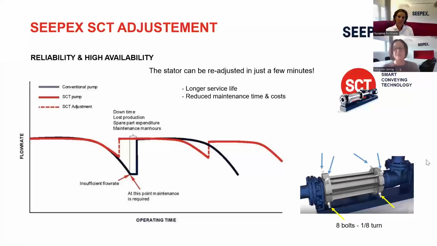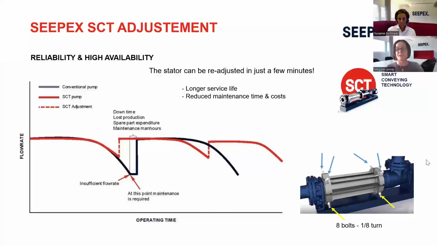You can see those 8 bolts outlined on the picture on the right-hand side, and we're going to give each of those 8 bolts 1/8 of a turn. So this is very quick. It only requires a couple of minutes, and this allows us to retighten the stator on the rotor, and there we will recover our original flow rate.